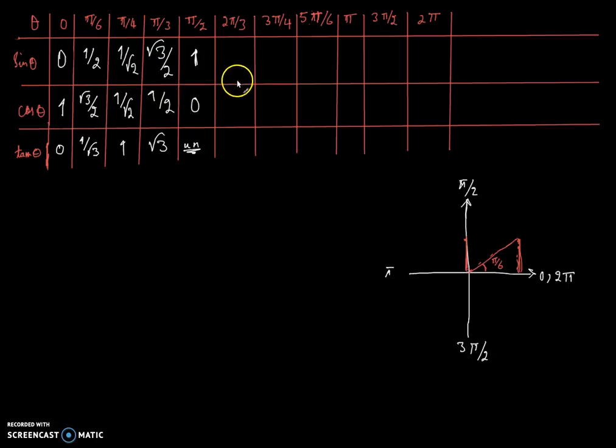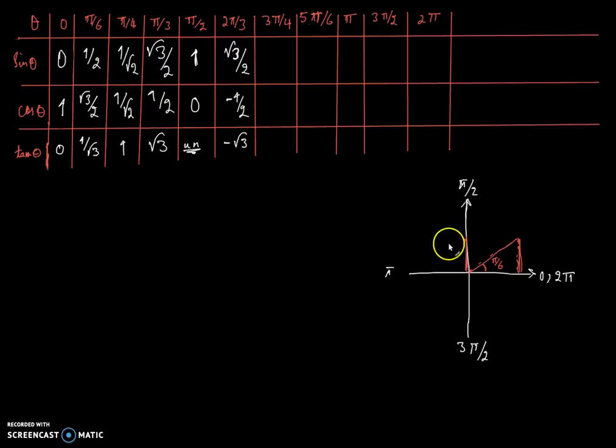In the case of 2 pi by 3, the sine value is root 3 by 2. The cos value is minus 1 by 2. Cos in the second quadrant is negative. And so the tan value is minus root 3.